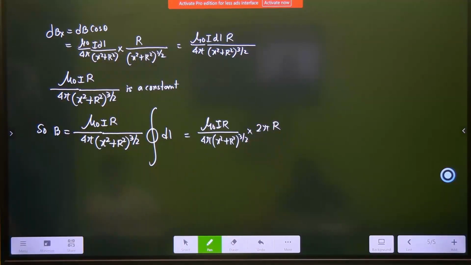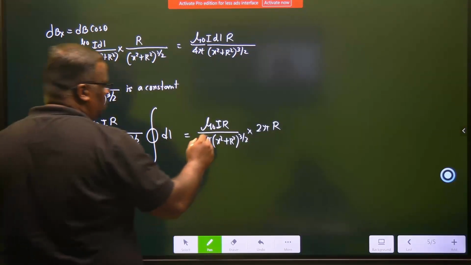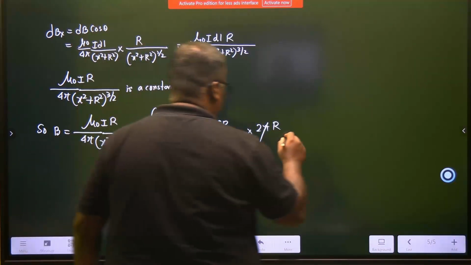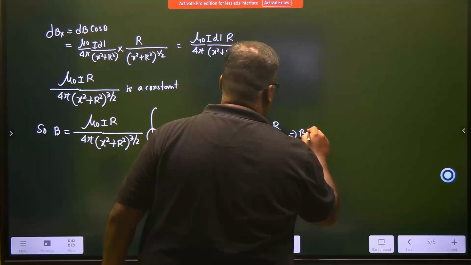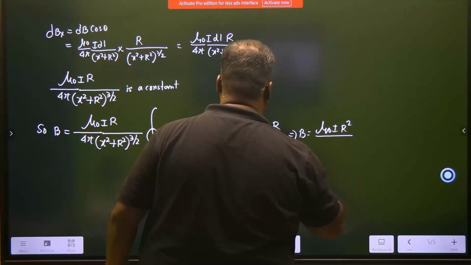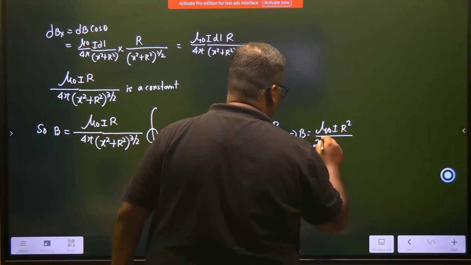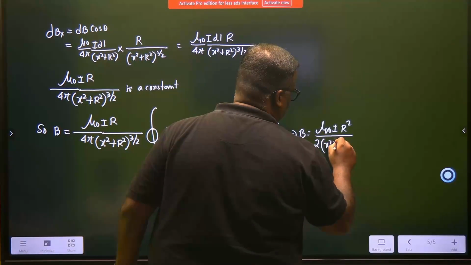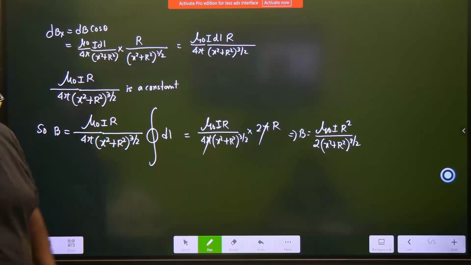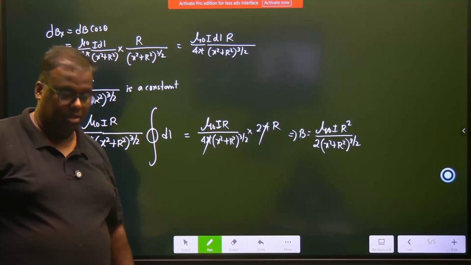If you integrate dl over the entire loop, you will get what? The circumference, 2 pi r. So pi cancels pi, and the r and r make it r square. So your B's value is equal to mu naught I r square divided by 2 x square plus r square to the power 3 by 2. Clear?